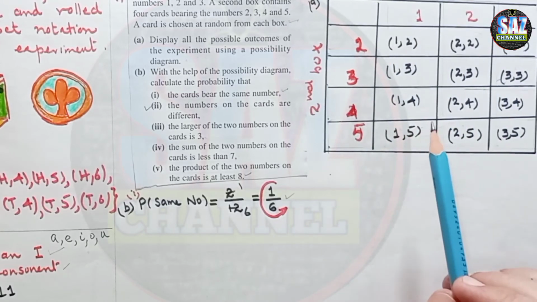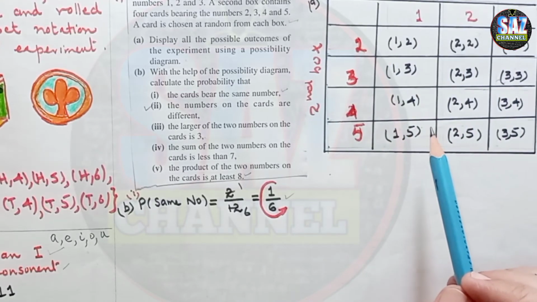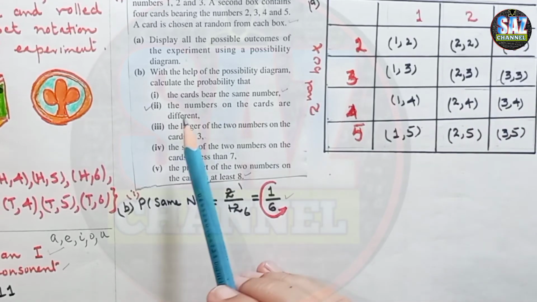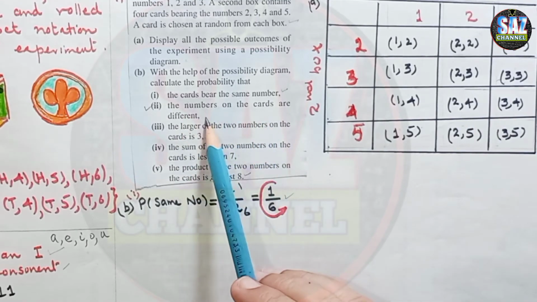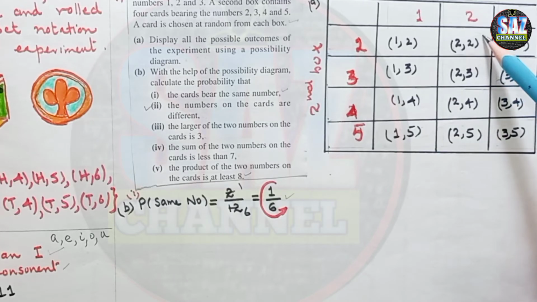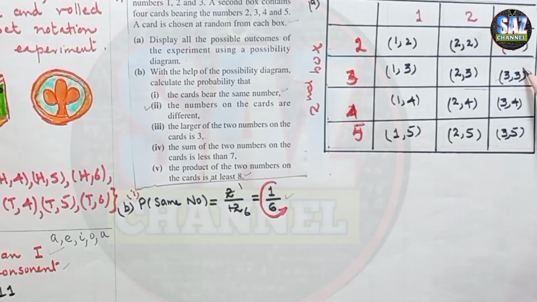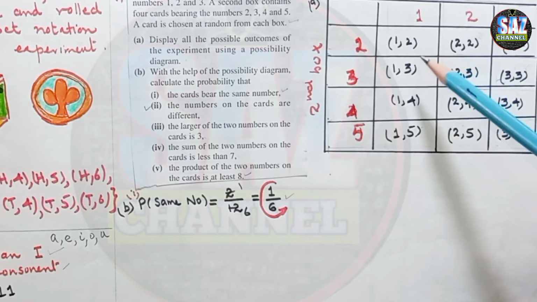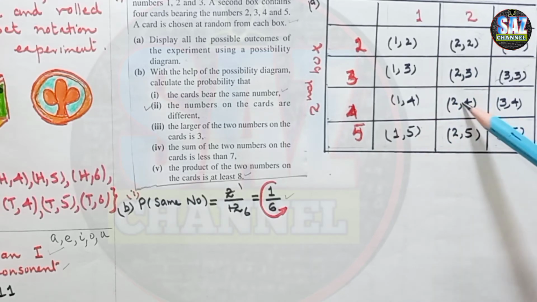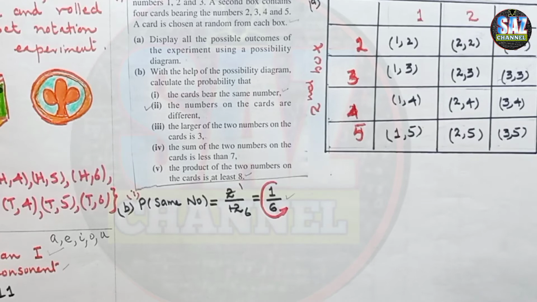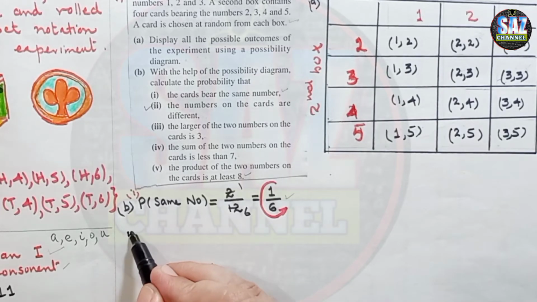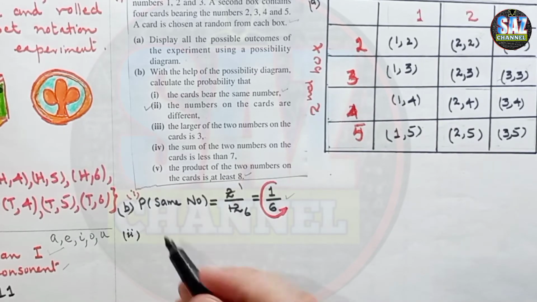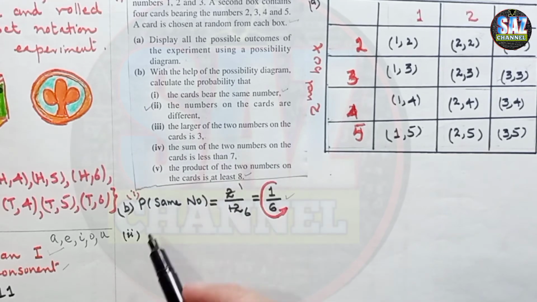You have to think logically here as well. Otherwise, you can cross out these two situations with a pencil and count 1, 2, 3, 4, 5, 6, 7, 8, 9 and 10. I hope you are clear about how I am finding the probability of the cards with different numbers.